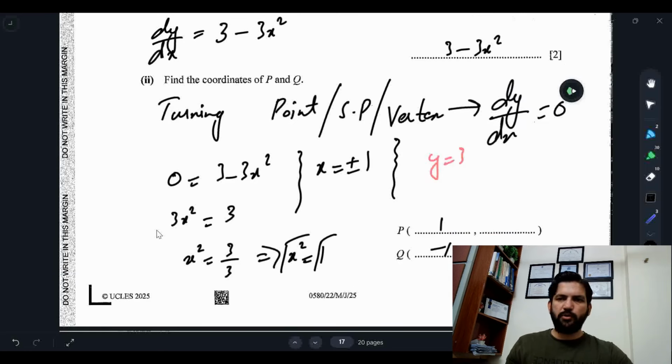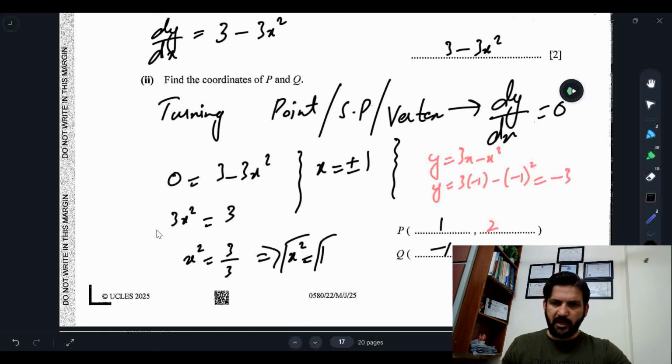So when you put x is equal to minus 1, let's see what will happen. This should be 3 times minus 1, minus 3, minus x cube.